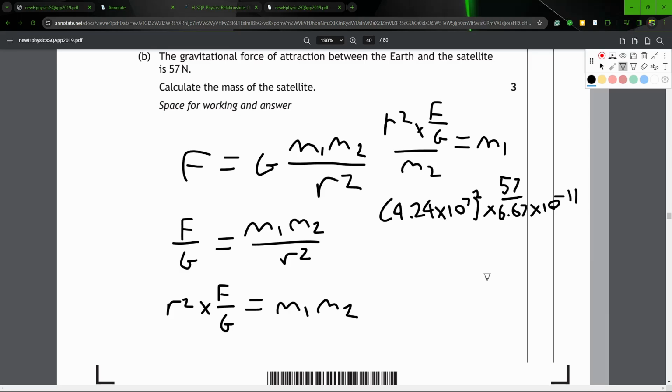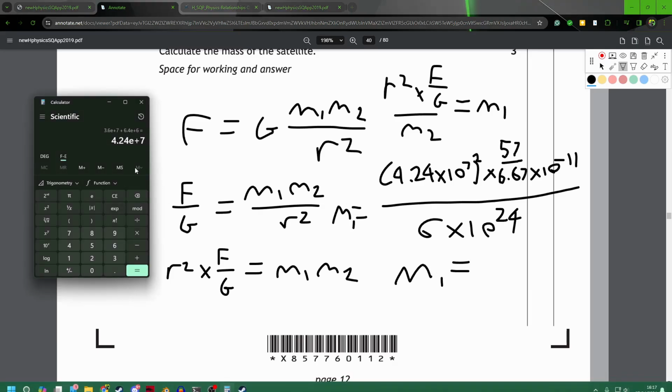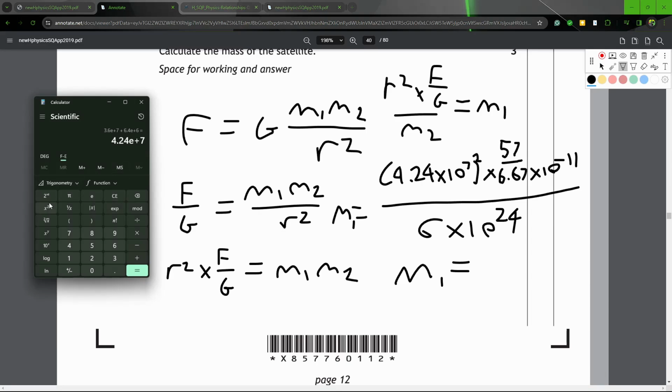But yeah, here we are. And then divide all of that nonsense by M2, which is the mass of the Earth, 6 times 10 to the 24. And then this all equals the mass. So, start by squaring that, and then we multiply it by 57 divided by 6.67 times 10 to the minus 11.